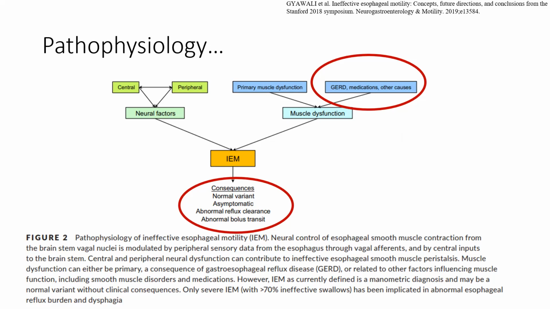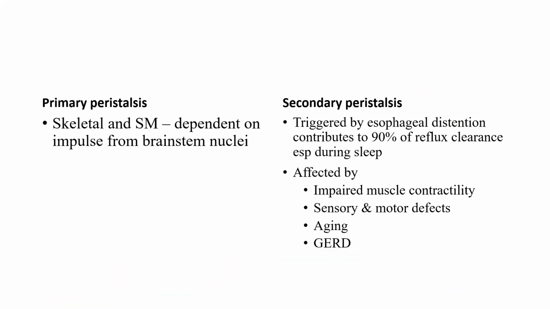When the patient develops IEM, the consequences in some people can be a normal variant. In some situations, patients may be asymptomatic. However, some patients may experience abnormal reflux clearance. Some may also experience abnormal bolus transit.